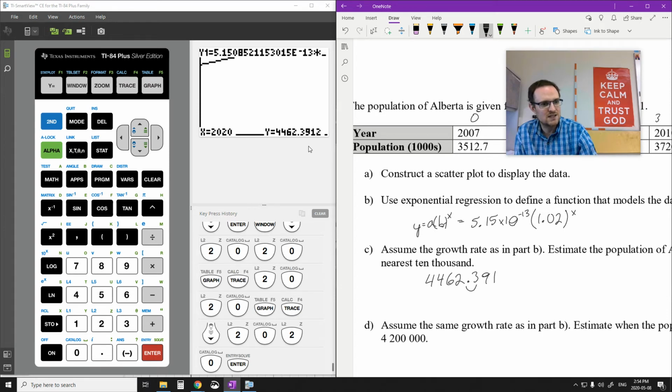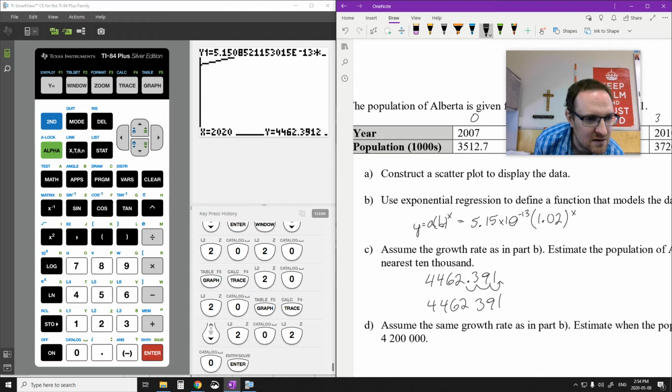So that means I'm going to move this decimal place 3 times over to this spot here. So this is 4,462,391 people. It says to the nearest 10,000s. So that would be like, if I were to round that to the nearest 10,000s, that's my estimation there. Just kind of get rid of a bunch of zeros.